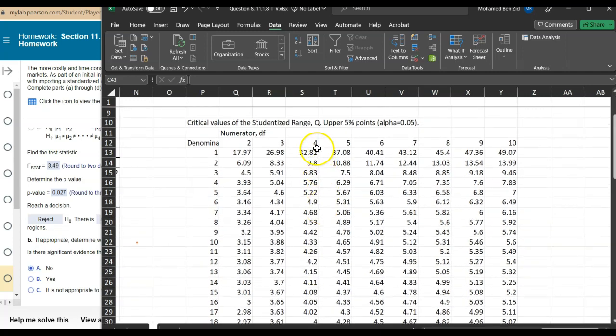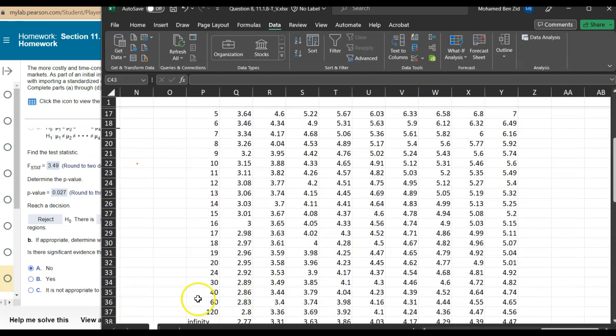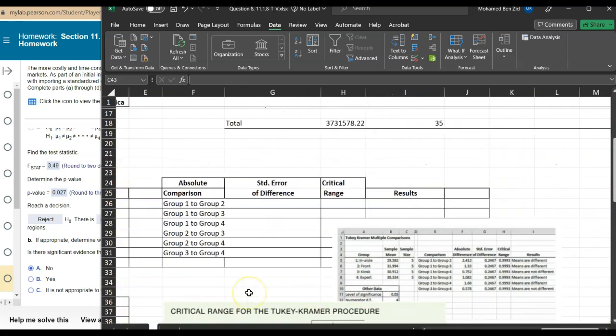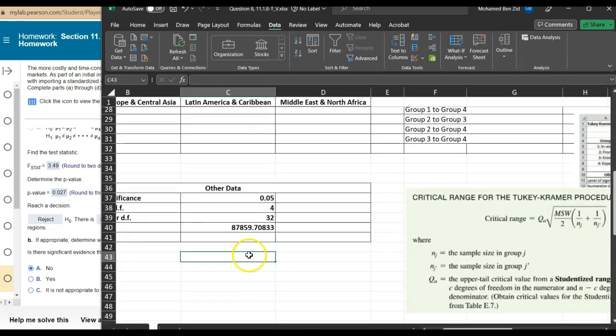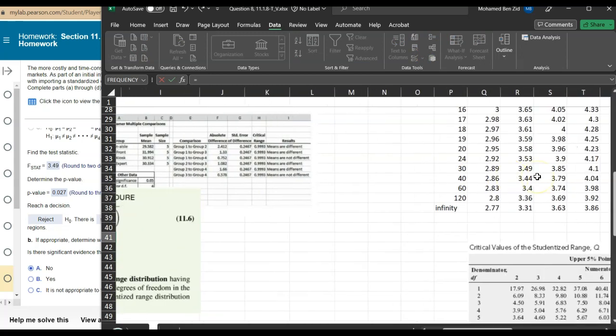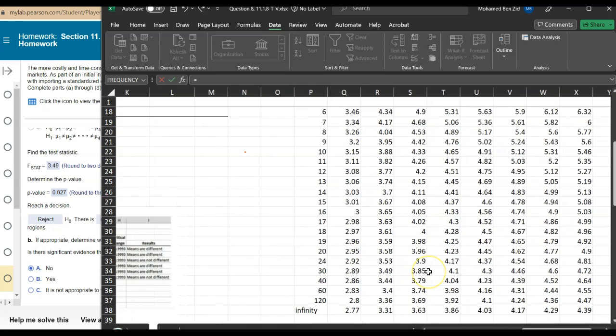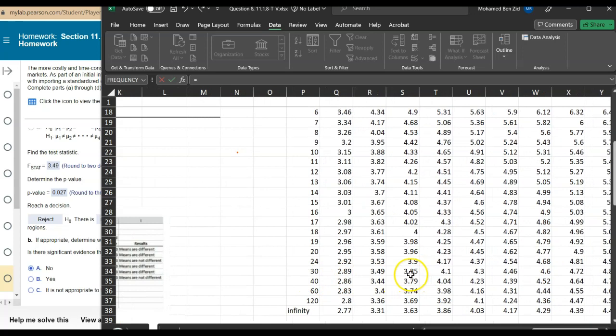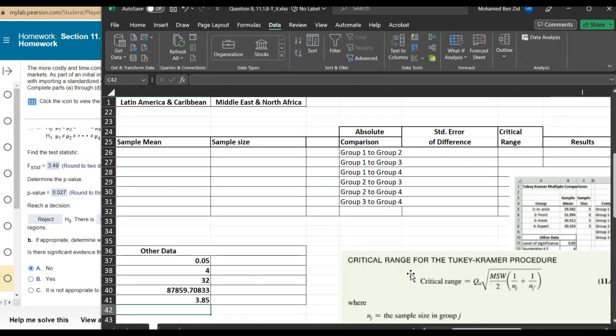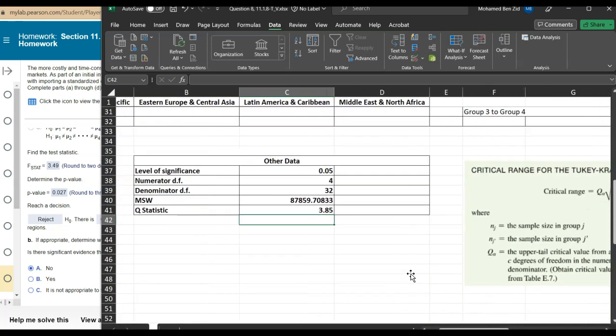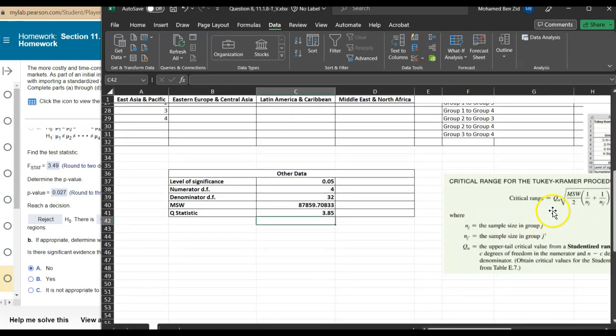So I'm going to follow the 4 again, and that's going to be 30, 3.85. So I'm going to put an equal sign again, and I'm going to select it. As you can see here, as I copy, I paste as values as well, one of the options. Enter, done.